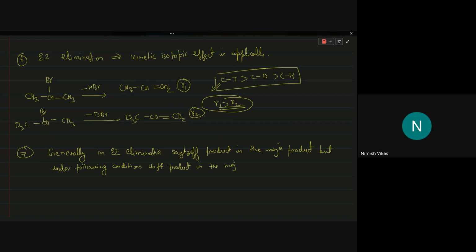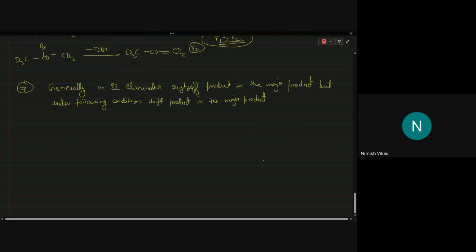So in E2 elimination also, you have to draw the major product as the Zaitsev product only. But under the following condition, you have to draw the Hofmann product as the major product.